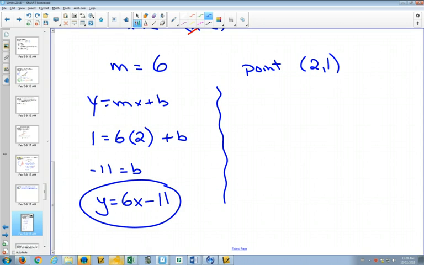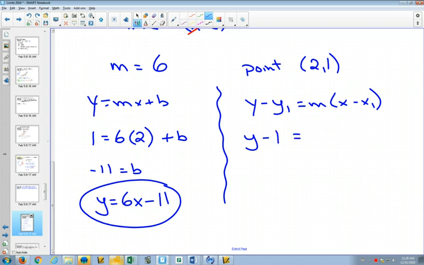Or perhaps you like to use the point-slope form of a line, which looked like this. Y minus y1 equals m times x minus x1. This form of the line isn't as intuitive as y equals mx plus b. People don't remember it as well. But it also is easy to figure out the equation of a line because you just plug in your point.